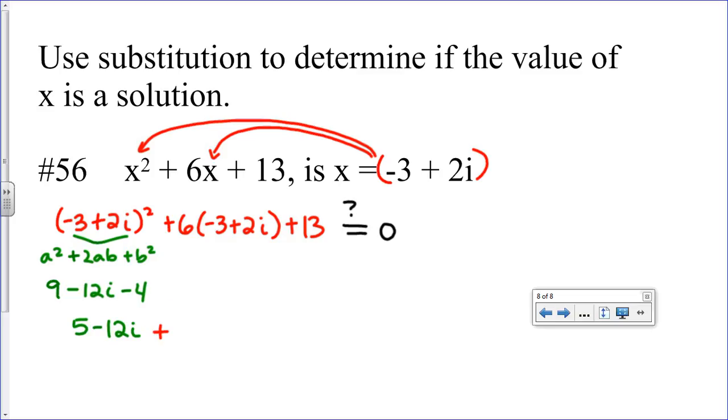Okay, for this part, I just have to distribute. I'm going to bring that down here. Negative 18 plus 12i. And carry down your plus 13.